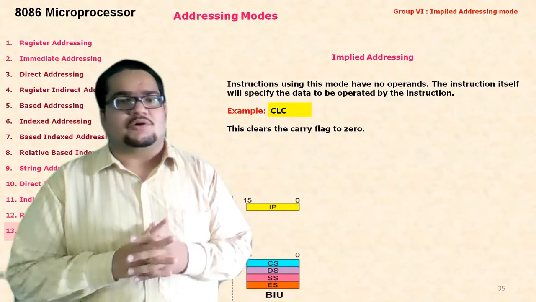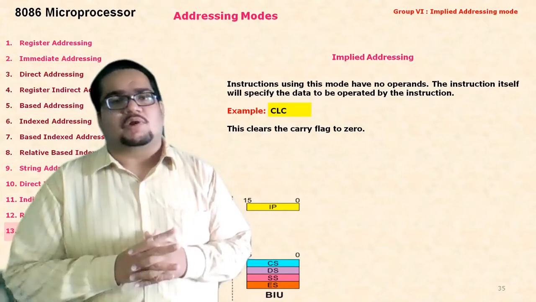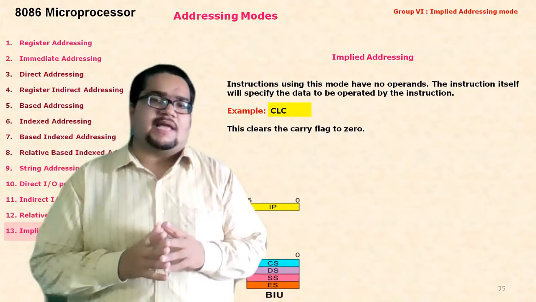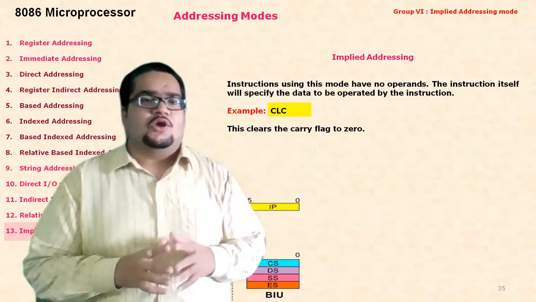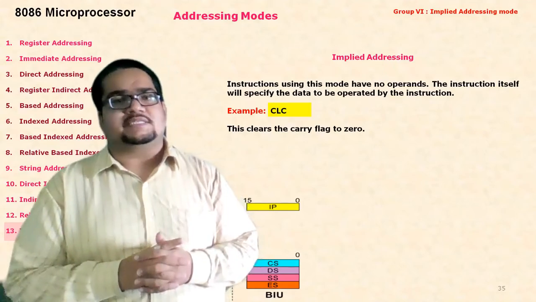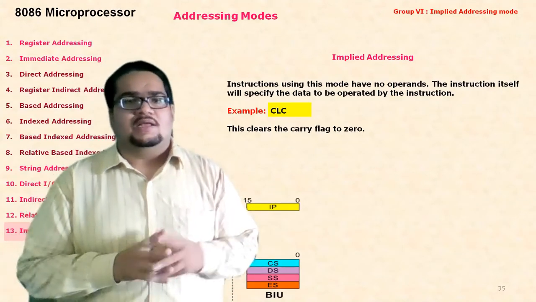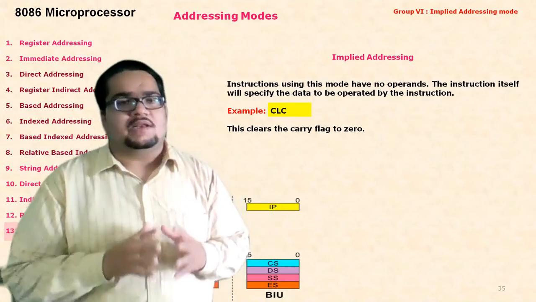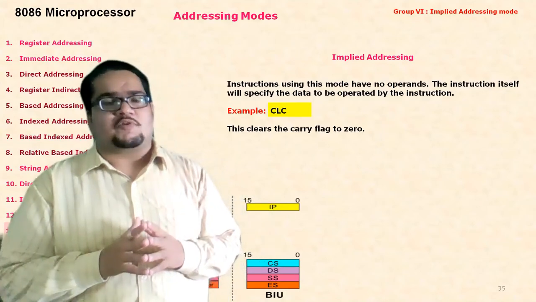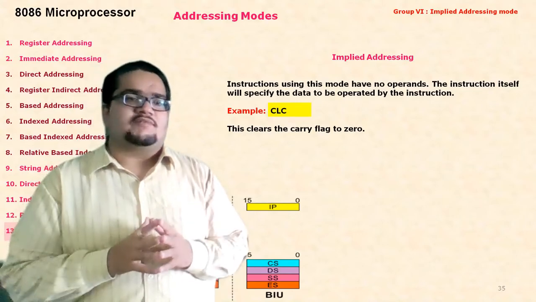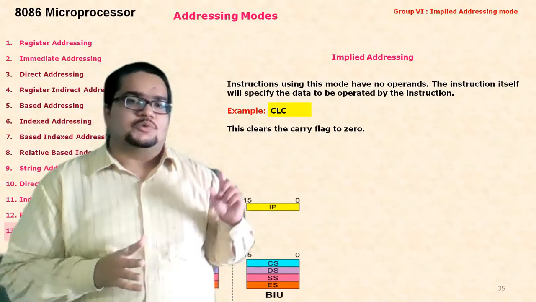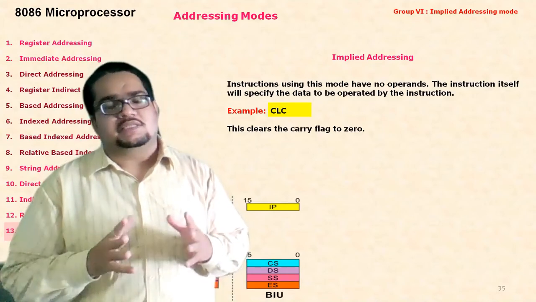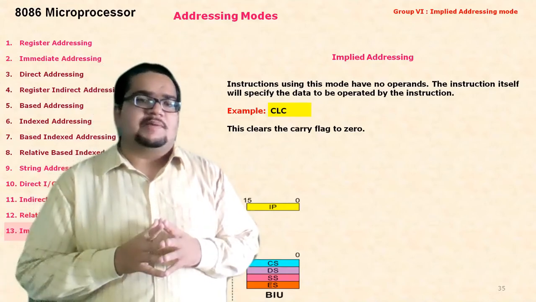CLC or CLI is a very good example of this, where we are clearing our carry flag by this instruction, or the other one I showed you earlier, CLI, clear the interrupt flag. Here it is clearing the carry flag. So what operation has to be done and upon what operand, both are available in single byte format. CLI, CLC, STI, STC are all examples of implied addressing.